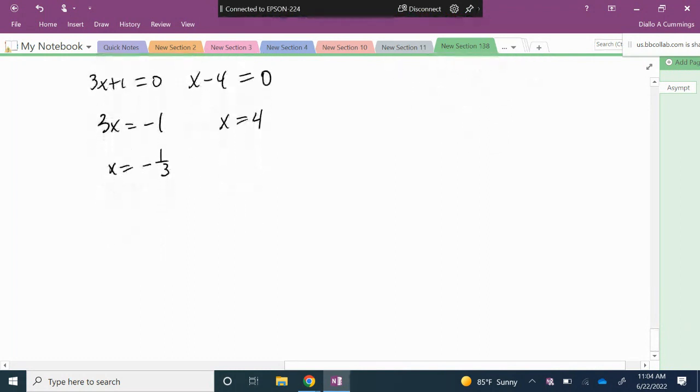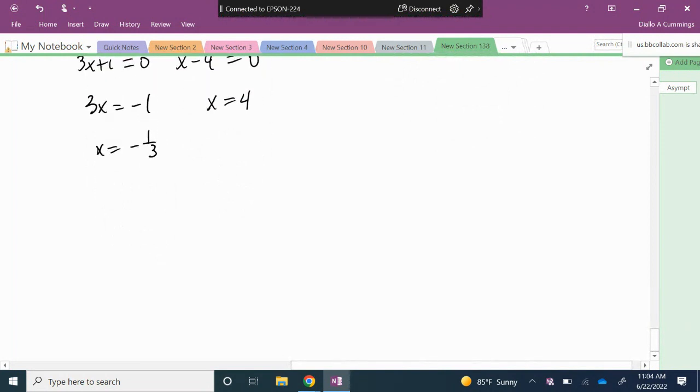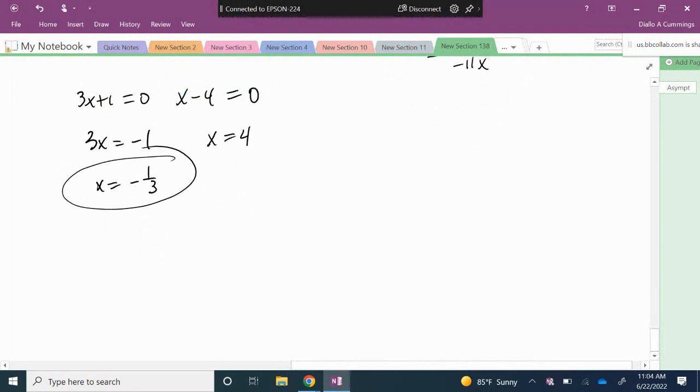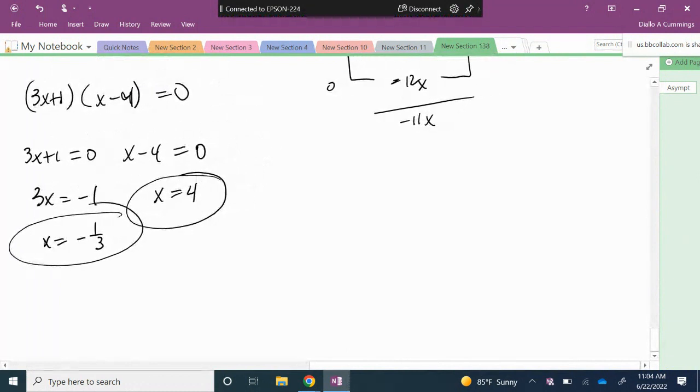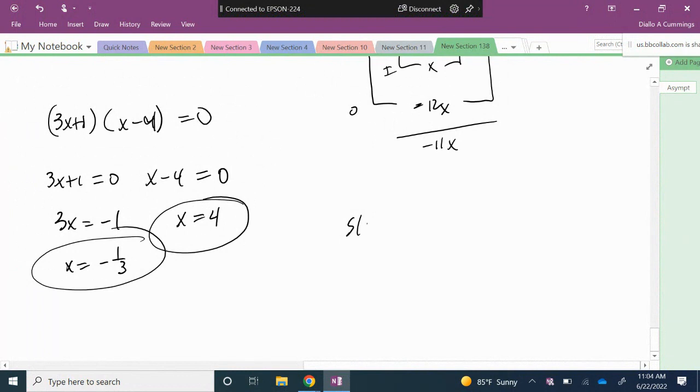So we have 2 vertical asymptotes: x is equal to negative 1/3 and x is equal to 4. And lastly, since we have a horizontal asymptote, the slant asymptote does not exist.